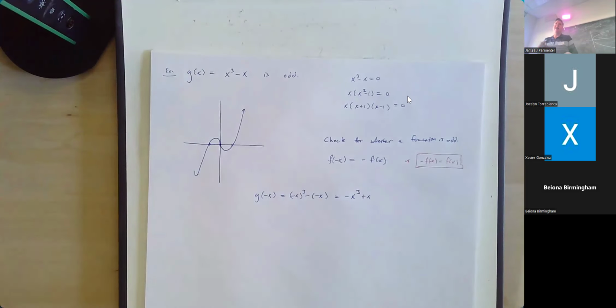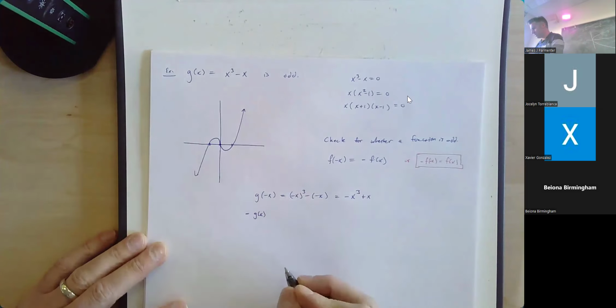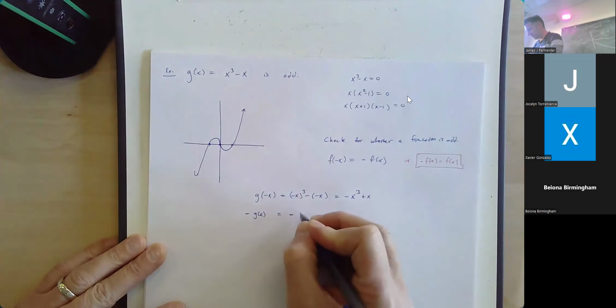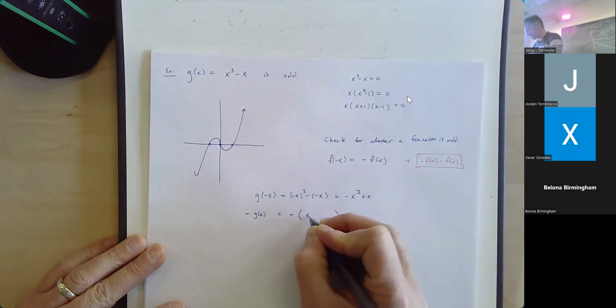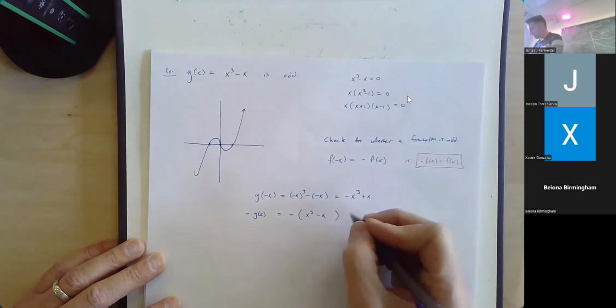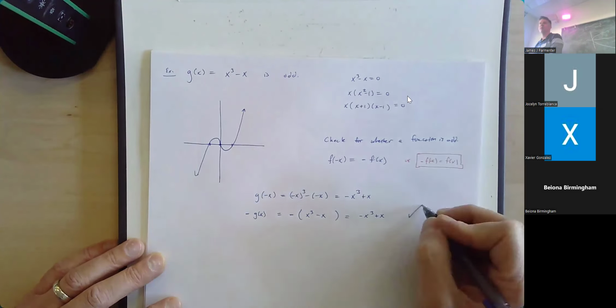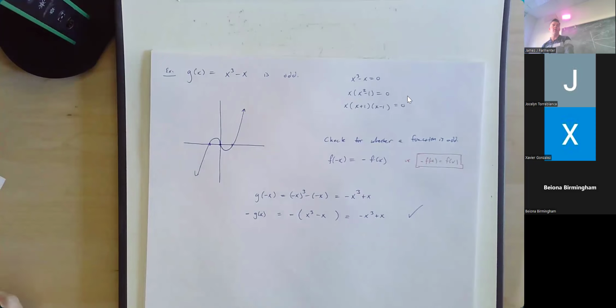From here, you can try factoring out a minus sign to see that it's equal to negative g of x, but I think it's easier just to write in the next line what negative g of x is. Negative g of x is negative all of g of x. And then the minus sign distributes across subtraction. So it's going to be negative x cubed plus x. And those are the same. So it works out. This is definitely an odd function.